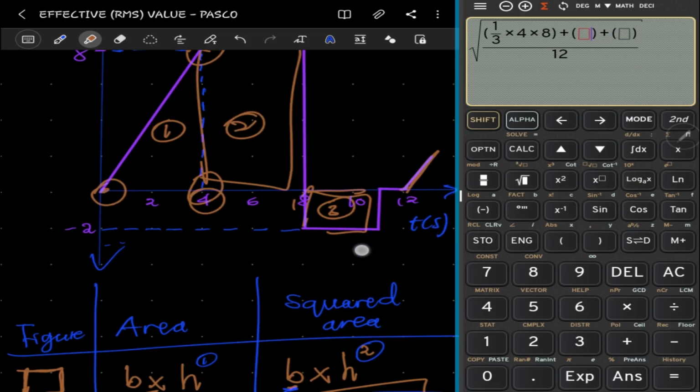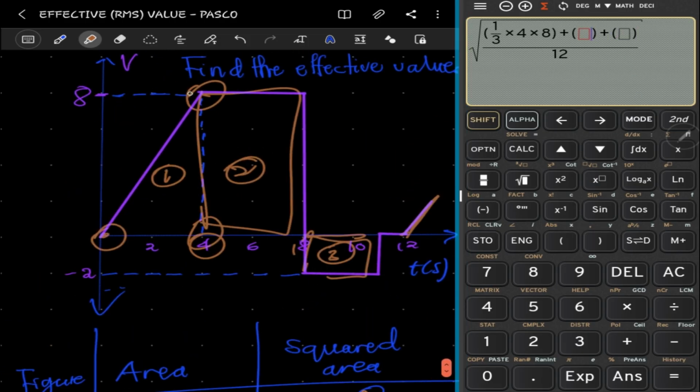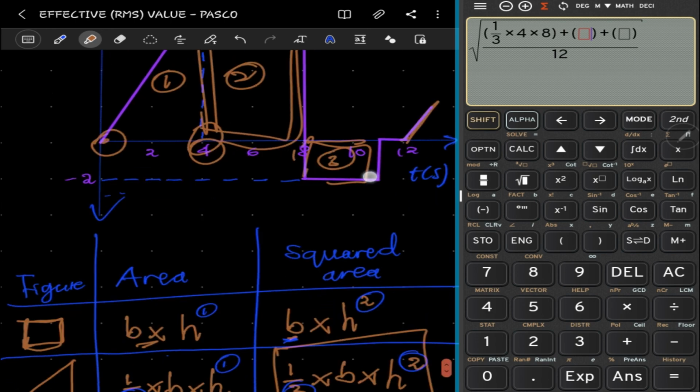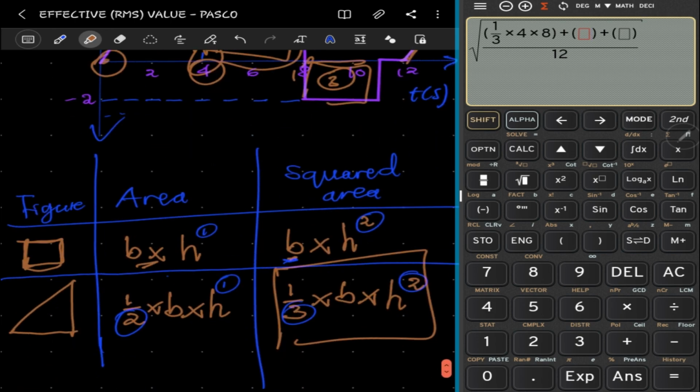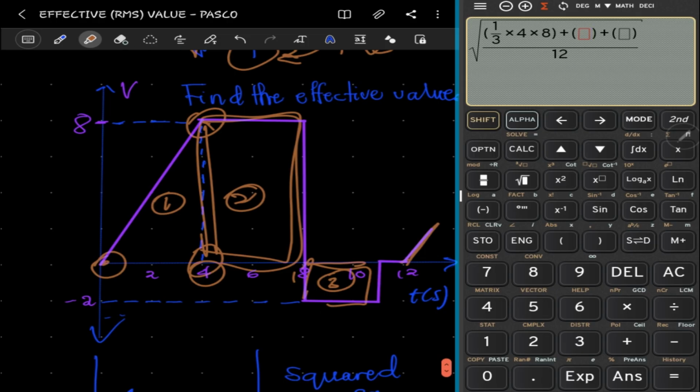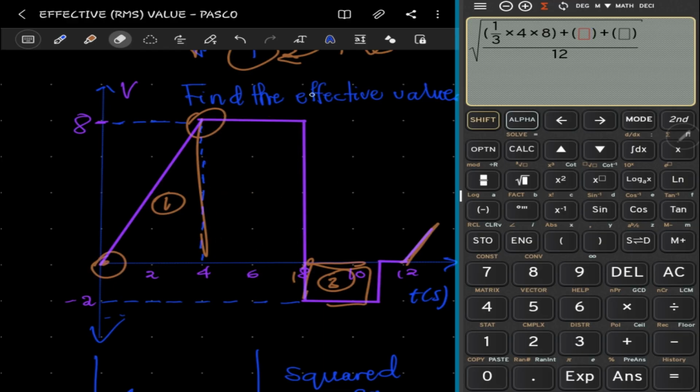Okay, we go to the next one, which is area 2, this side. It's a rectangle, so it uses the formula base times height squared.